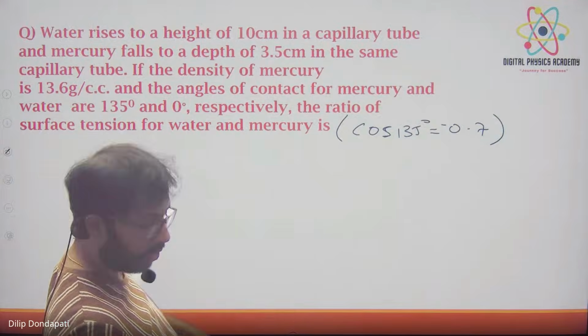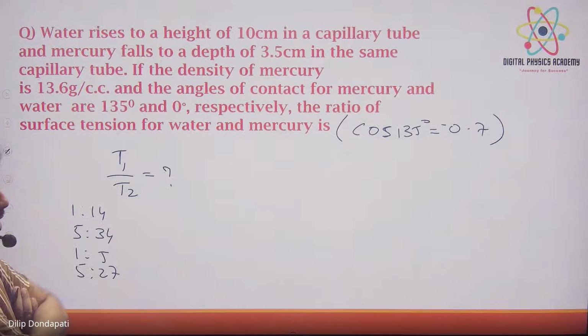So if you take root 2 as 1.4 or something. Minus 1 by root 2. Cos 135 is minus 0.7.